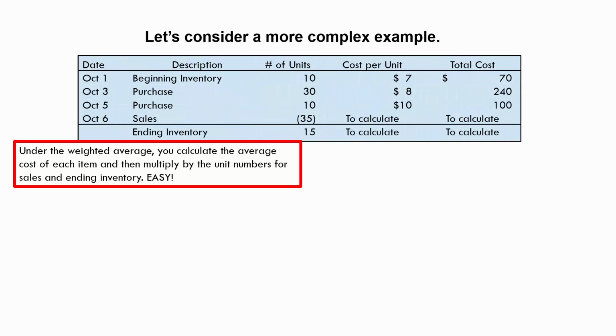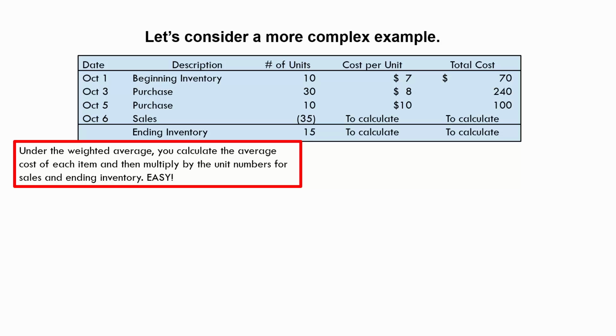Now, if we were to do this same problem again under weighted average, we would have to determine what the average cost per unit was in goods available. Now you're going to look at this and say, well, why can't I just add 7 plus 8, which is 15, plus 10, which is 25, and divide it by 3 to come up with a number?